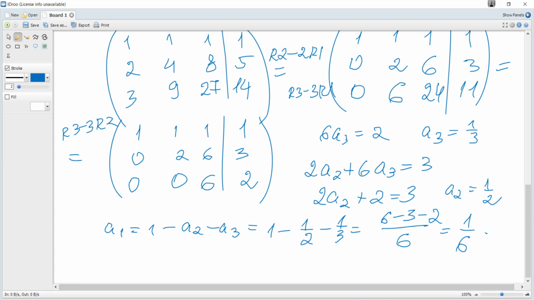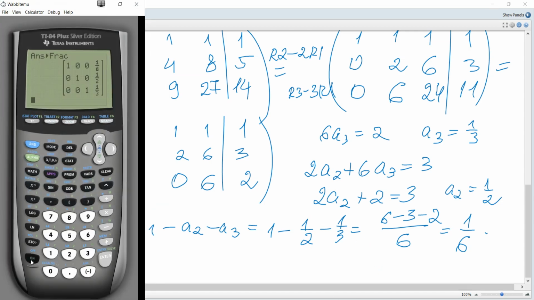Definitely you should solve it with the calculator for 2 marks. And how to do that? You should choose matrix, edit, enter, and you enter coefficients, and you should consider 3 rows, 4 columns, and you enter coefficients in front of a1 here, a2 here, a3 here, and values these 1, 5, 14 are the fourth column.